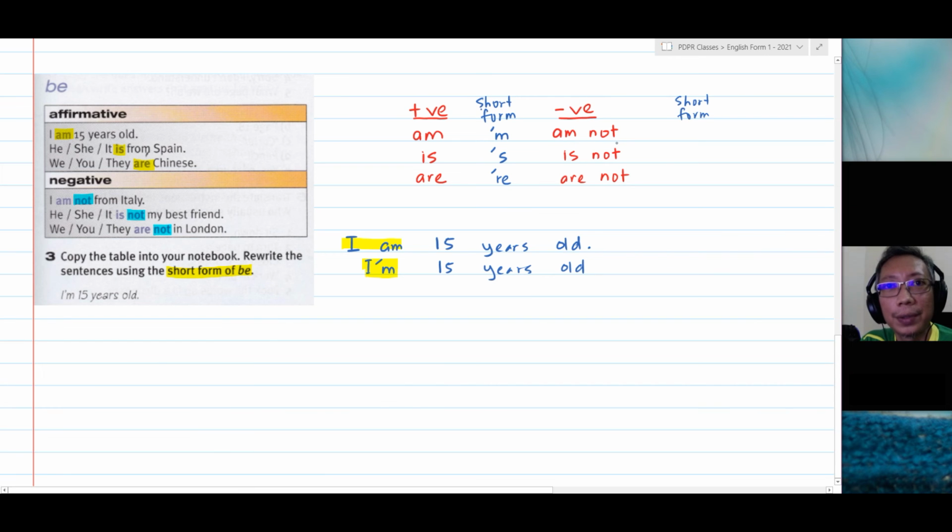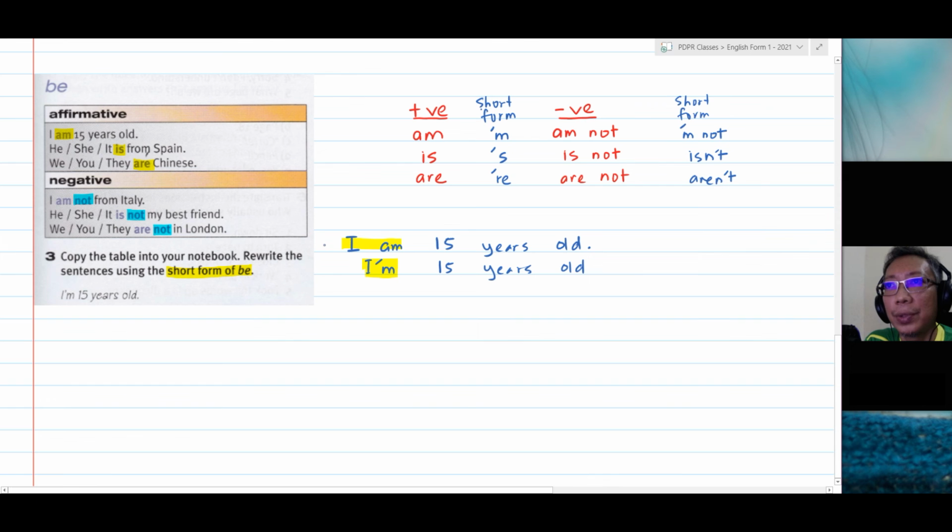The short form for am not is I'm not. The short form for is not is isn't. And the short form for are not is aren't. Okay, copy this into your exercise book. And then let's go through the other sentences.